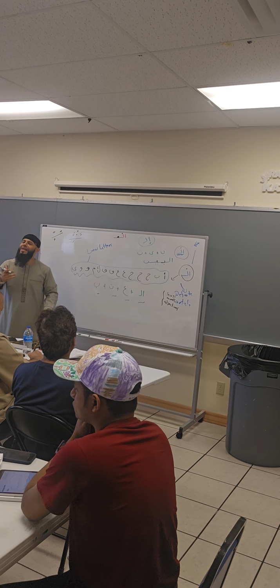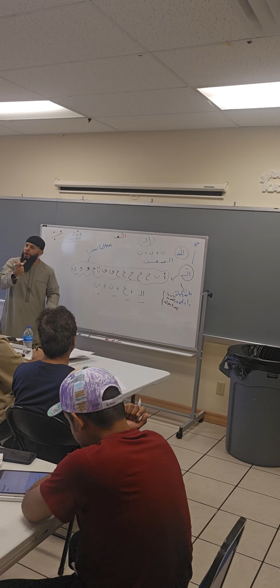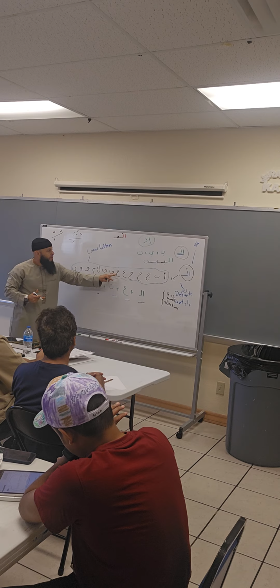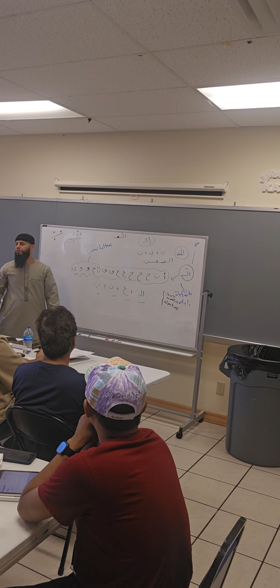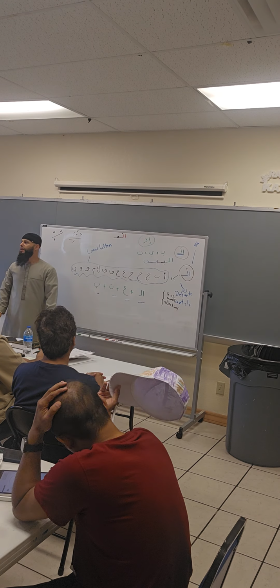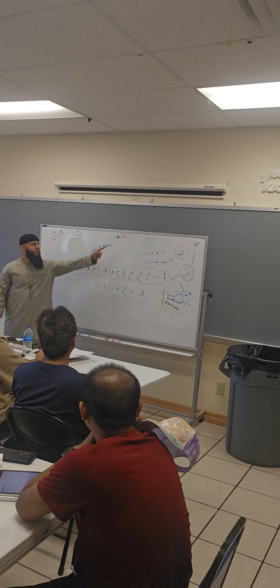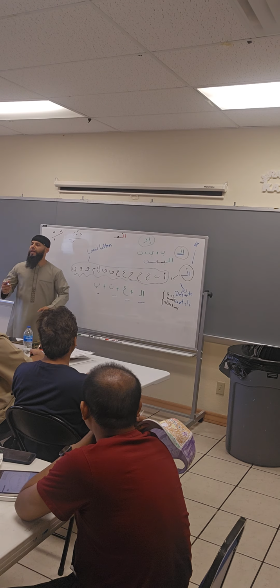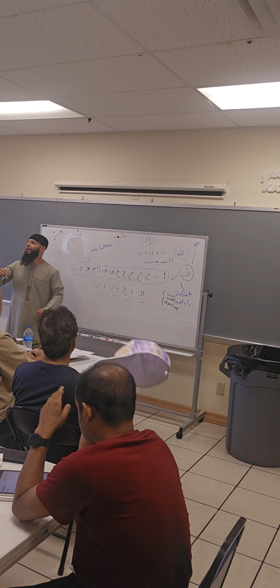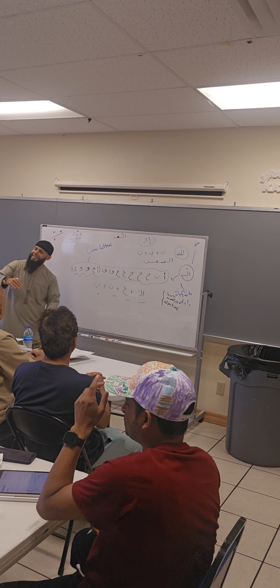I'm saying L. Why am I pronouncing L? Because the lam here is from the lunar letters, right? So I'm going to say L, and then what is the haraka on the ayn? What is the sound symbol here? It's going to be kasra. So it's going to be L, i.